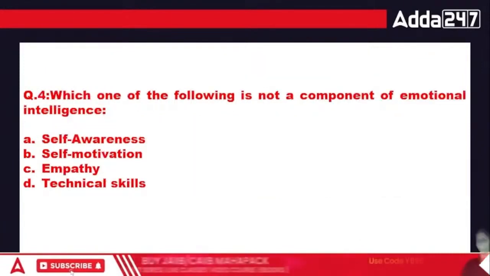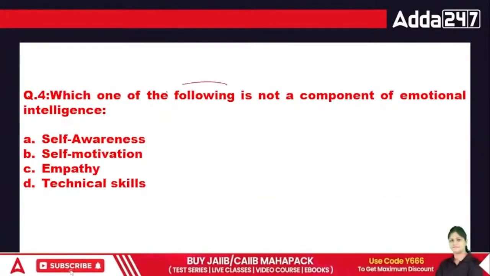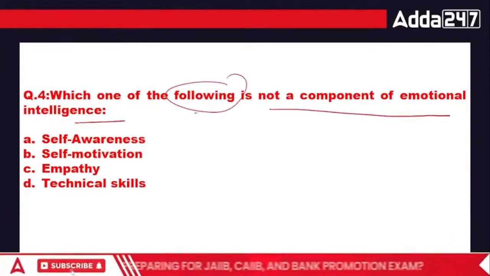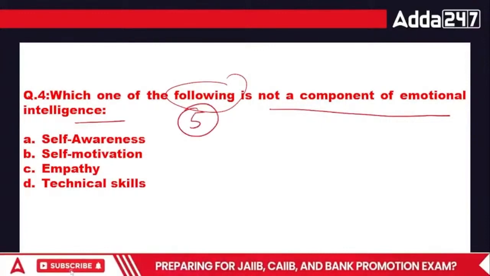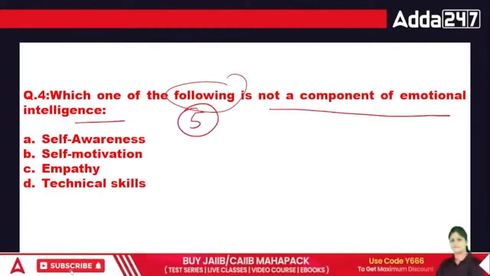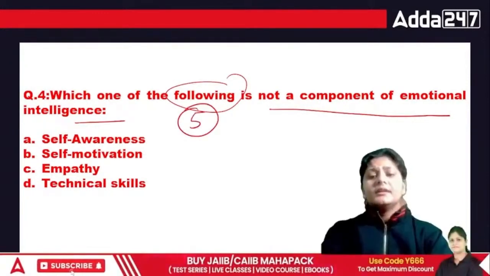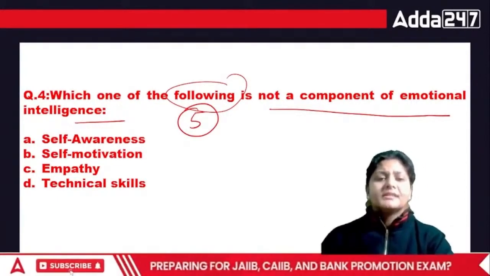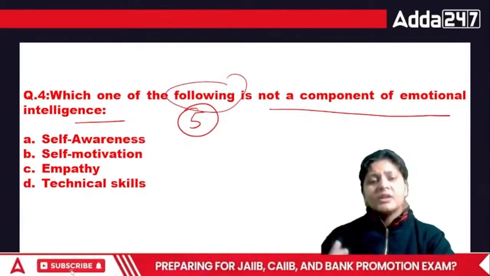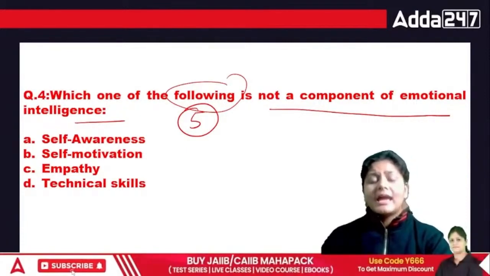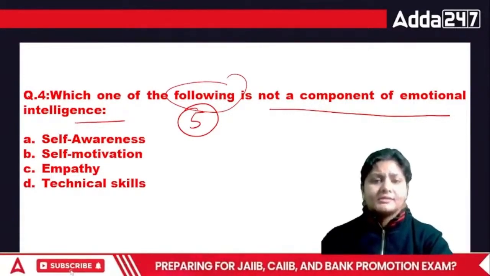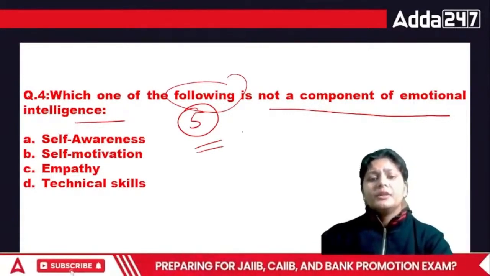Which one of the following is not a component of EI? That is your capability, your ability to understand your emotion and to understand other persons' emotion as well. So we have the 5 components here.